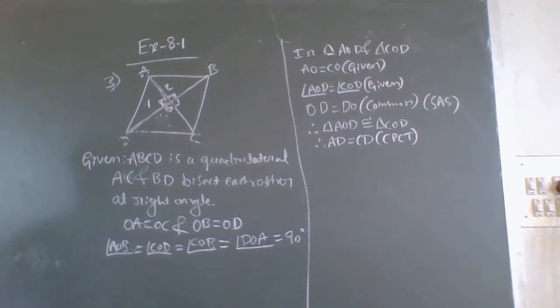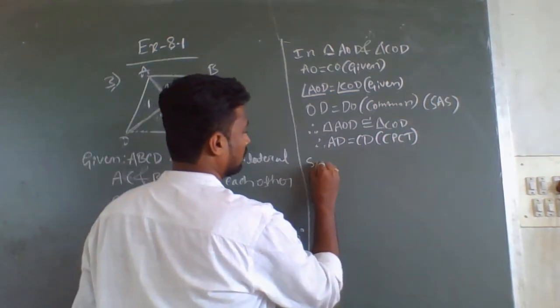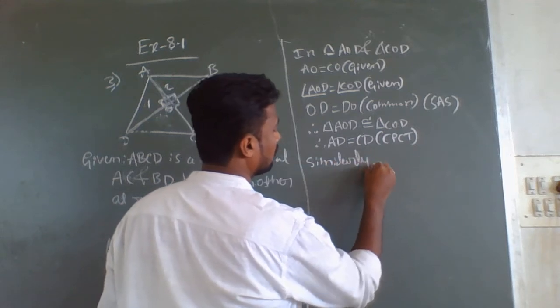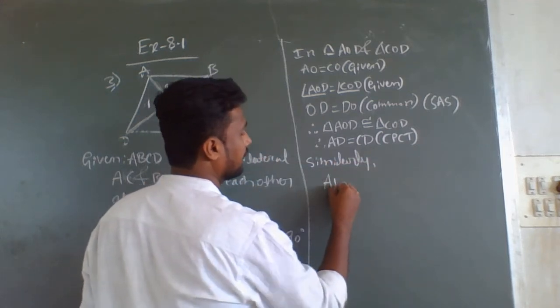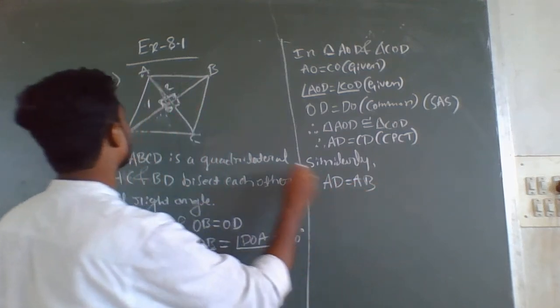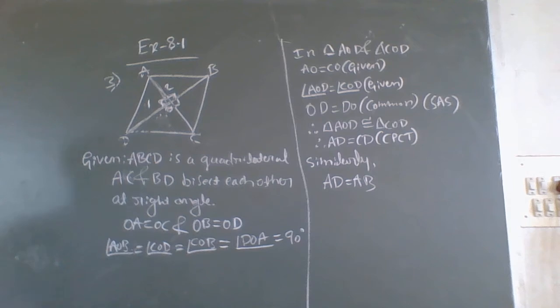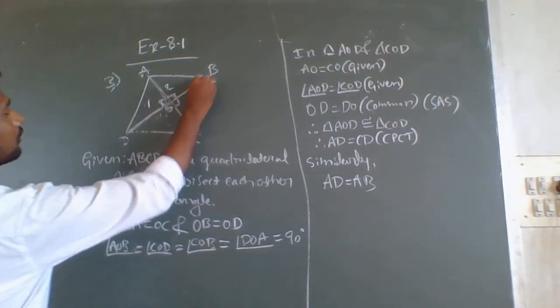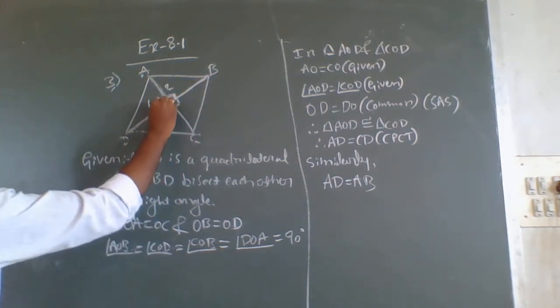Similarly, what can you write? AD is equal to AB. If you consider these two triangles, what can you get here? You know that these two sides are equal, this is common, and these two angles are equal.